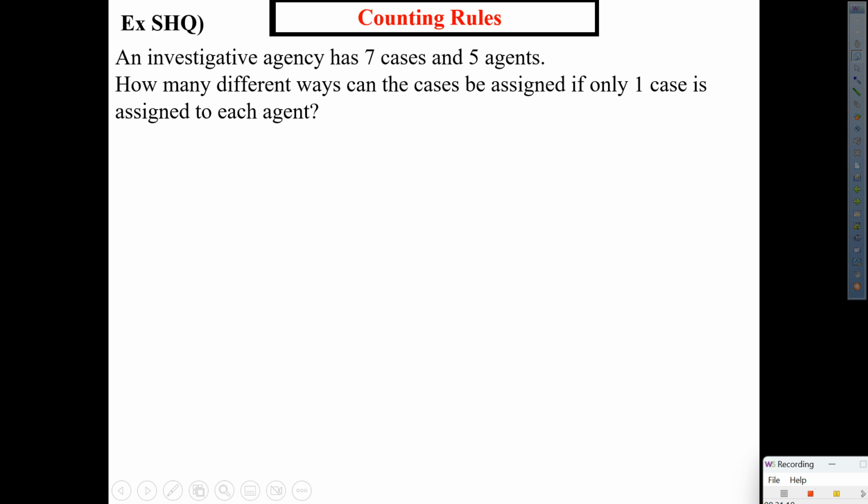You have a backpack with 7 cases, and you're going to distribute one to each of the 5 agents. Which rule? Aaron. Permutation. That is correct, because it doesn't matter which case they get. You're just going to give each one one.